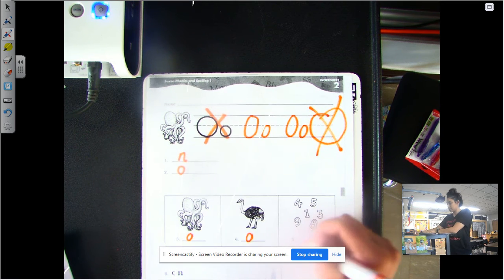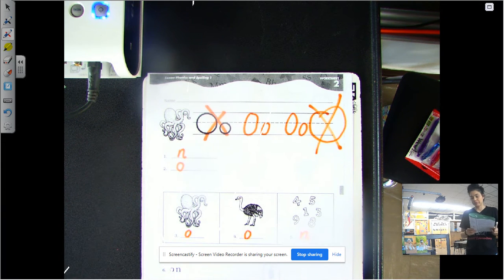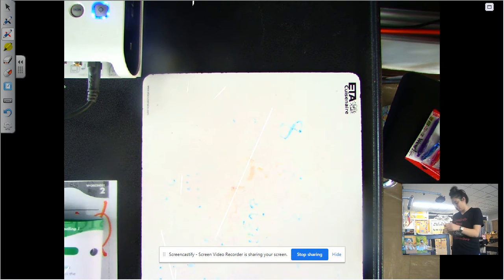Numbers. Think back to yesterday. What letter did we learn that has that sound to it? That's right. So now what I want you to do is write this word on your whiteboard.